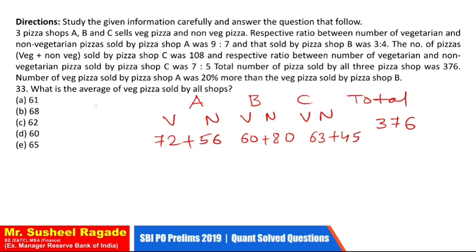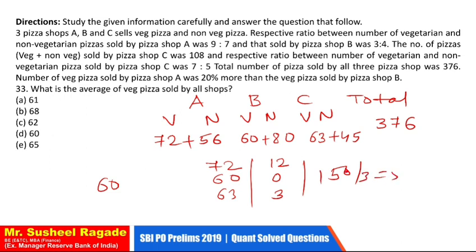Question number 33, the third question: what is the average of veg pizza sold by all the shops? So this is the average of 72, 60 and 63. You can directly add and then divide by 3. But suppose you remove 60 from each number, then what will remain is 12, 0 and 3. So this is 15, and 15 divided by 3 is equal to 5.